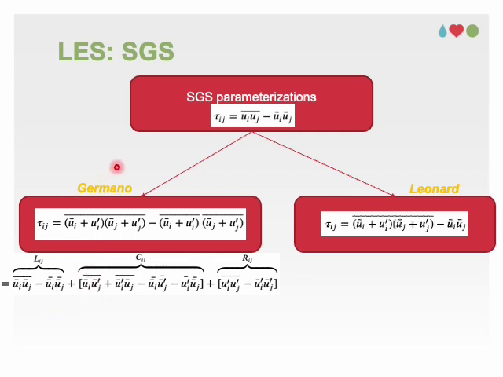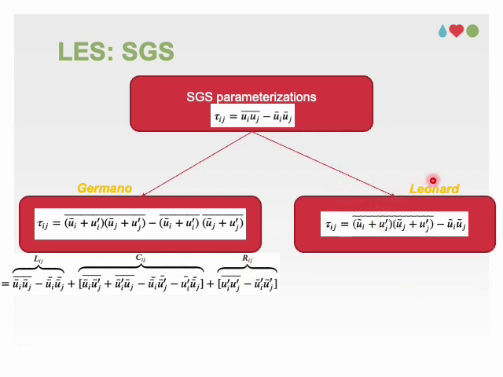We see that the total stress is decomposed into three stresses, referring to the interactions between large eddies, shown by LIJ, the cross interactions between small and large scales indicated by CIJ, and the interactions between small scales shown by RIJ or subgrid scale Reynolds stress.